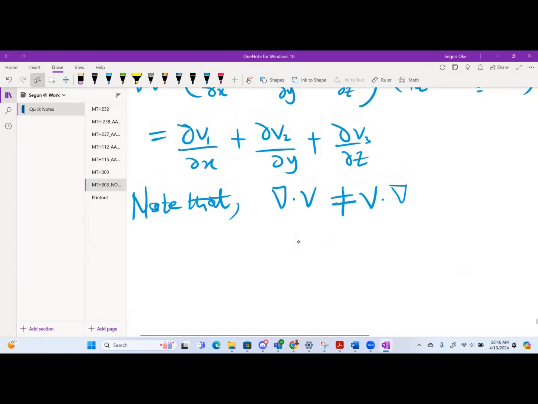So let's look at the third definition. The third definition says the curl. The curl is a bit different.